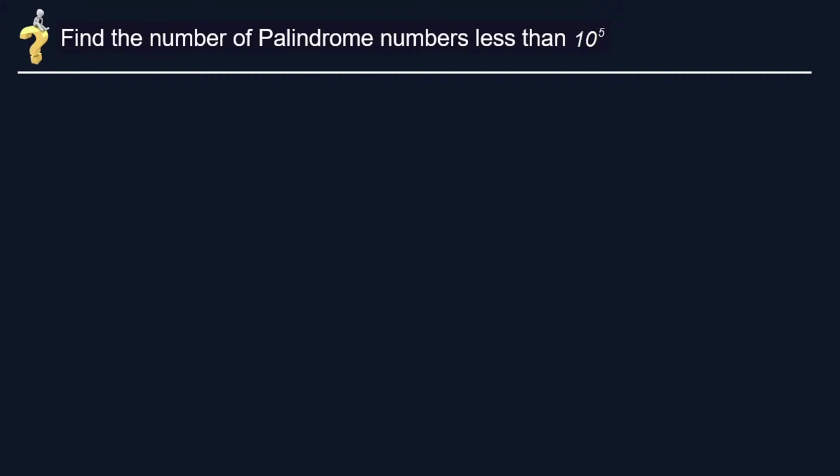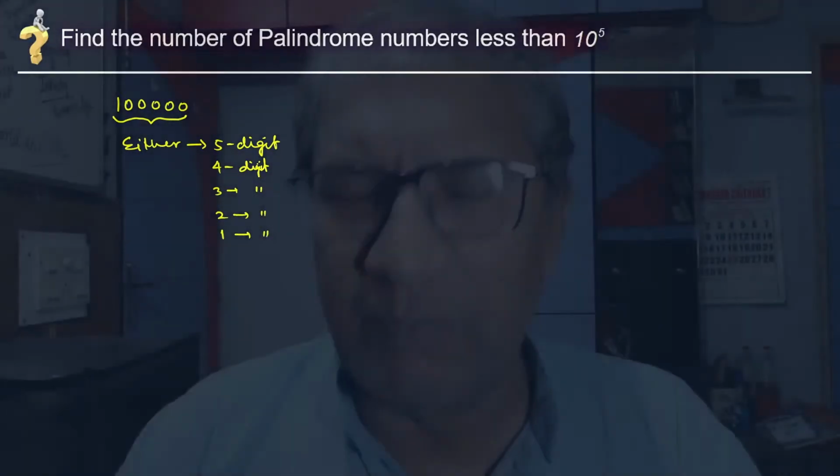Now the question is: find the number of palindrome numbers less than 10 to the power 5. 10 to the power 5 is a 6-digit number. So all the numbers less than this will be either 5-digit, or 4-digit, or 3-digit, or 2-digit, or 1-digit numbers.